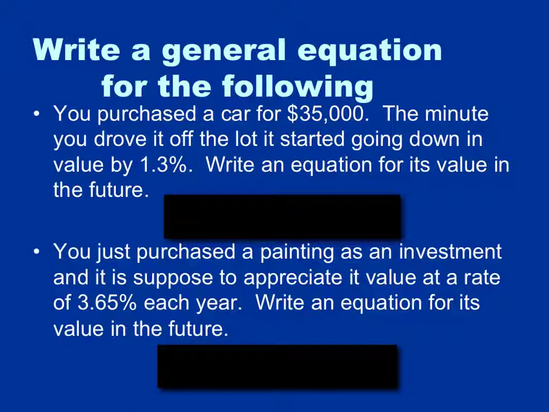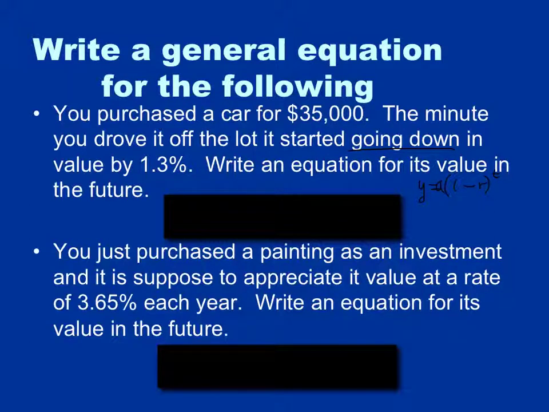The minute you drove it off the lot, it started going down in value by 1.3%. Write an equation for its value in the future. Is this a growth or a decay problem? Because the value is going down, it's going to be a decay problem, so we're going to use the decay formula, 1 minus r to the power of t.